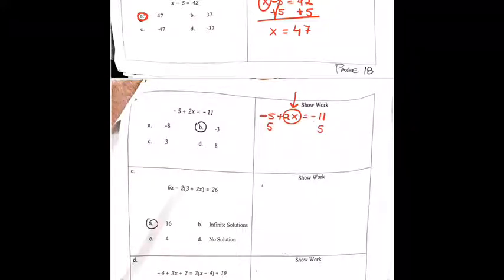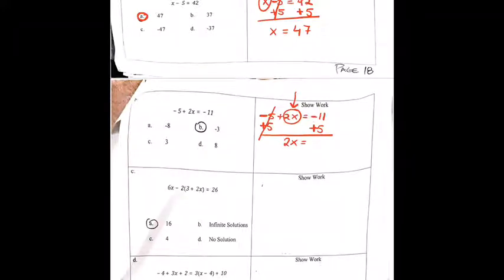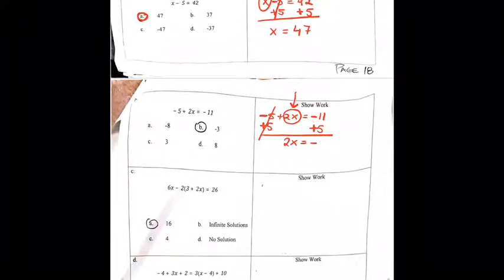The opposite of subtraction is addition. And I do that on both sides of the equal sign. Negative 5 plus 5 gives me 0, so that cancels out. And I have 2x equals, what is negative 11 plus 5? This is negative 6.